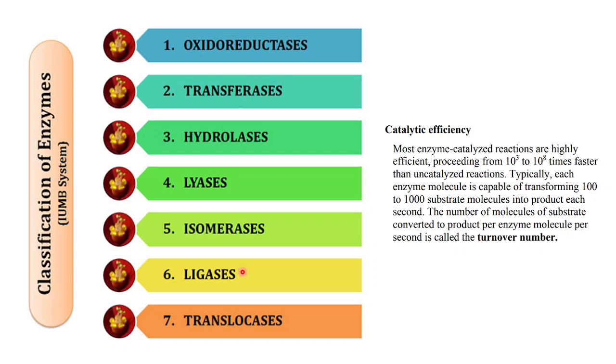So, a higher turnover number means the number of molecules that one enzyme is converting to product per second is more. Turnover number in that sense is a value; it does not tell you about anything else. So a higher turnover number means the catalytic efficiency of that particular enzyme is higher.